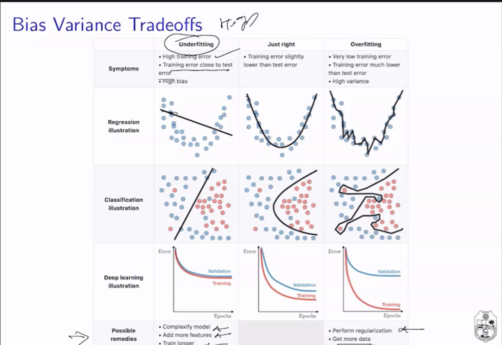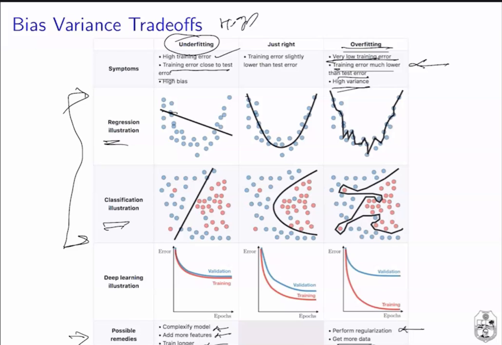If you are getting a very low training error but the difference between the training error and the test error is very high, that situation is called the high variance situation or the overfitting situation. So these are the symptoms of the variance and the bias.